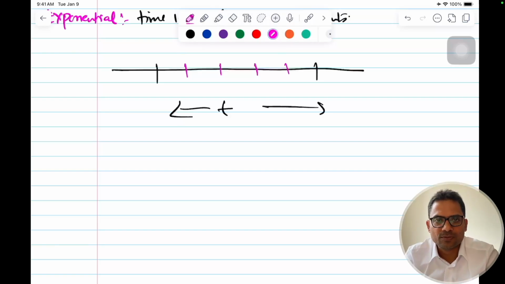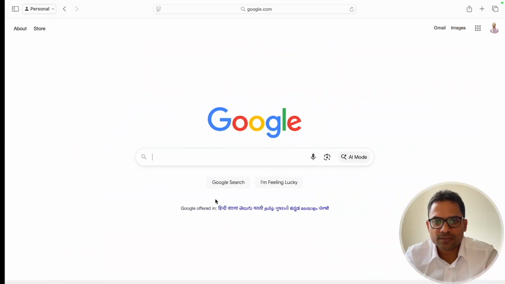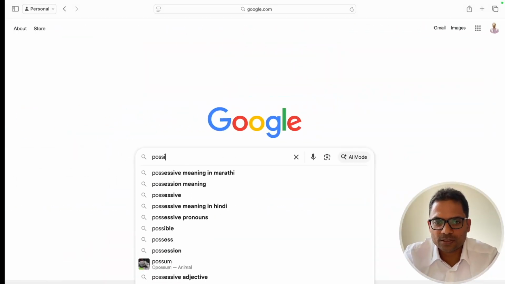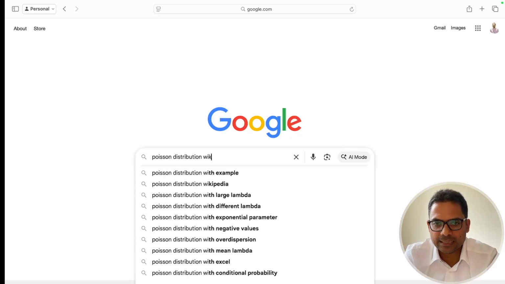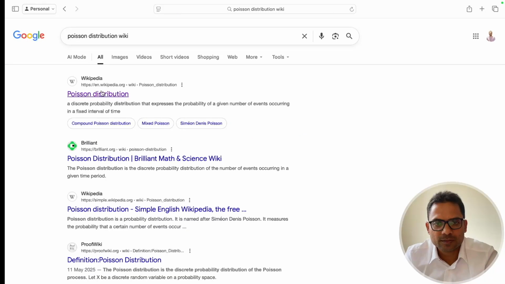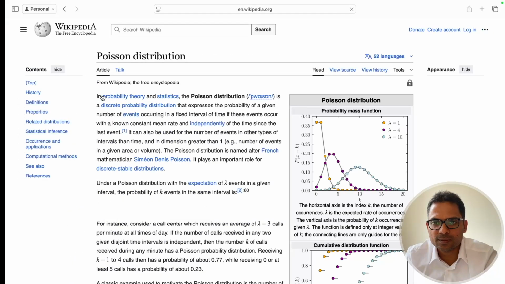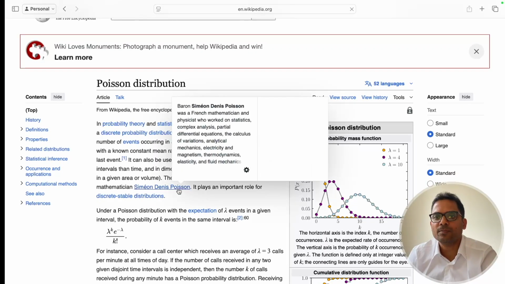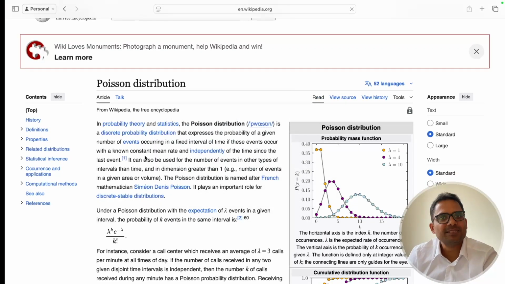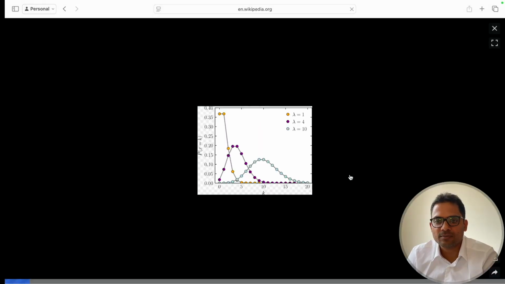Okay, so shall we see some graphs? Let me show you the wiki pages of this. Let's see the Poisson distribution wiki. I go to wiki for all this. The documentation is very good, only the language is a bit tricky. But the graphs are very good. They are very self-explanatory.